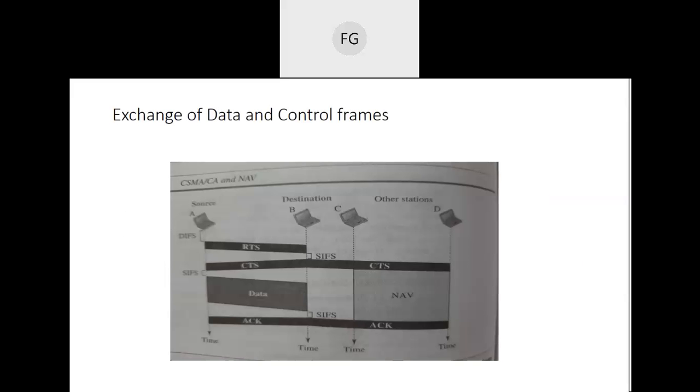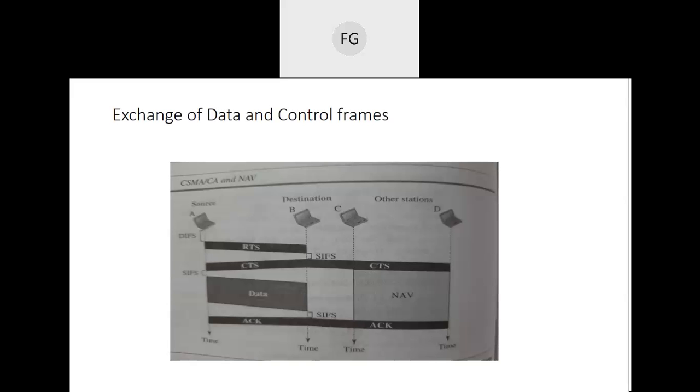Let's see how exchange of data and control frames takes place in the DCF of the MAC sublayer. Here in this figure, before sending a frame, the source station, here the source station is A, senses the medium by checking the energy level at the carrier frequency.